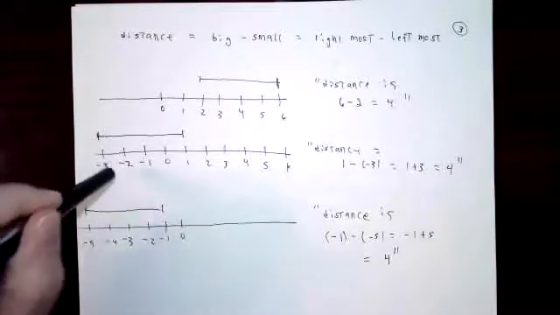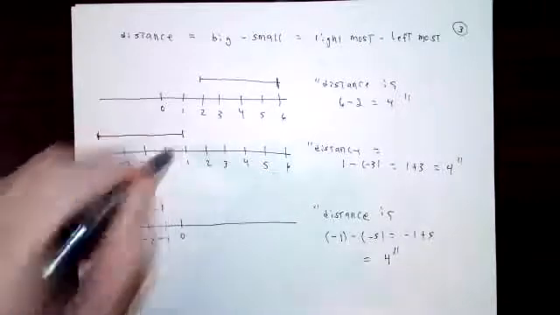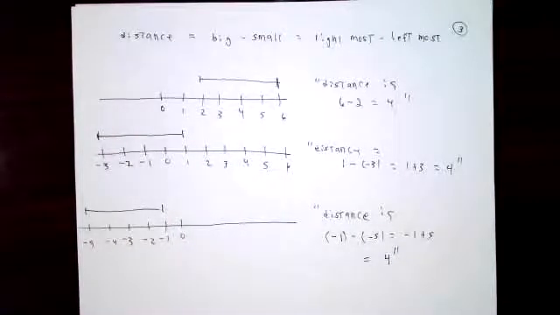And if you count 1, 2, 3, 4 units of distance, you see that that's right. So the two numbers do not both have to be positive in order for this to work out all right. In fact, they could both be negative and it'll still work out all right.